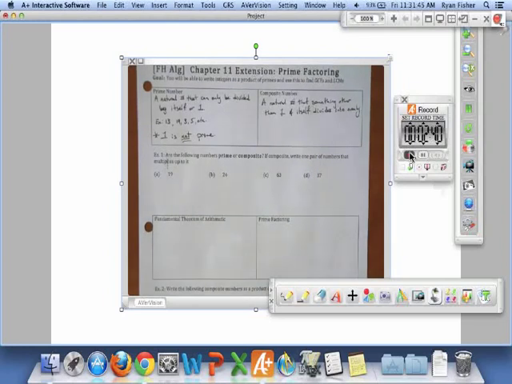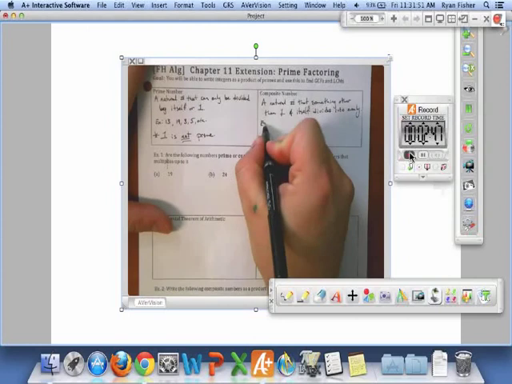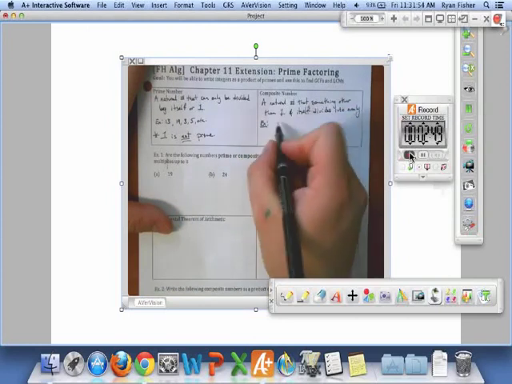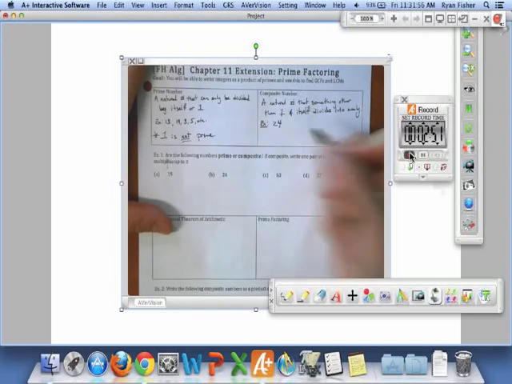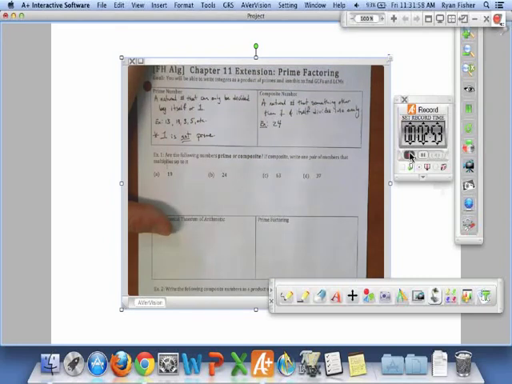So you've always got 1 and itself, and then maybe there are others. So, examples of composite numbers: 24. Okay, we're going to knock off A and B there. That's good. 24 is certainly composite.